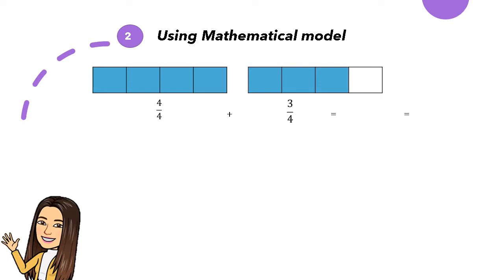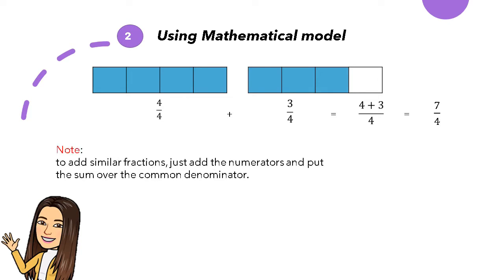So 4/4 plus 3/4, that is 4 plus 3 over the denominator 4, and that is 7/4. Note, to add similar fractions, just add the numerators and put the sum over the common denominator.